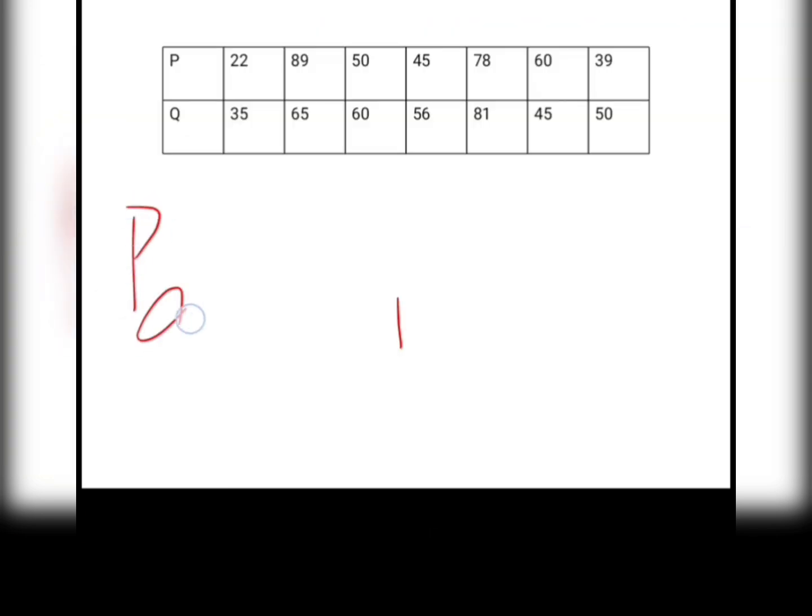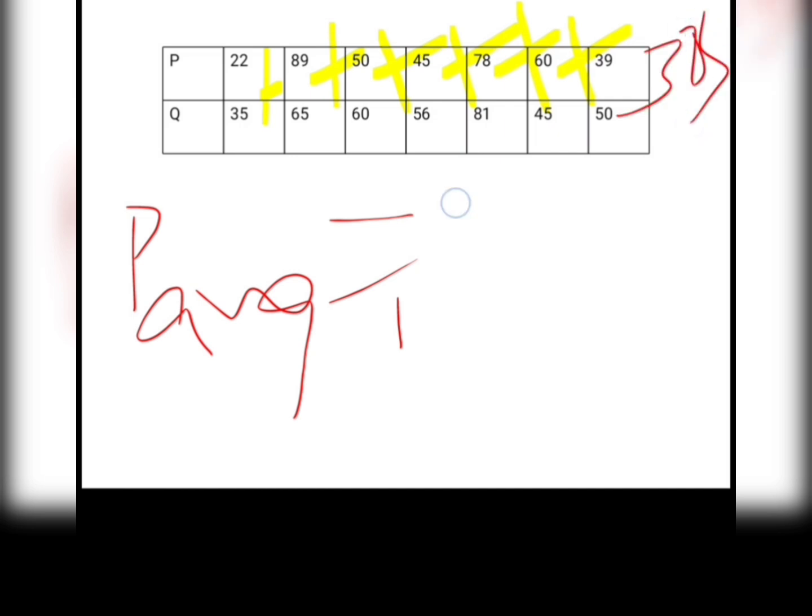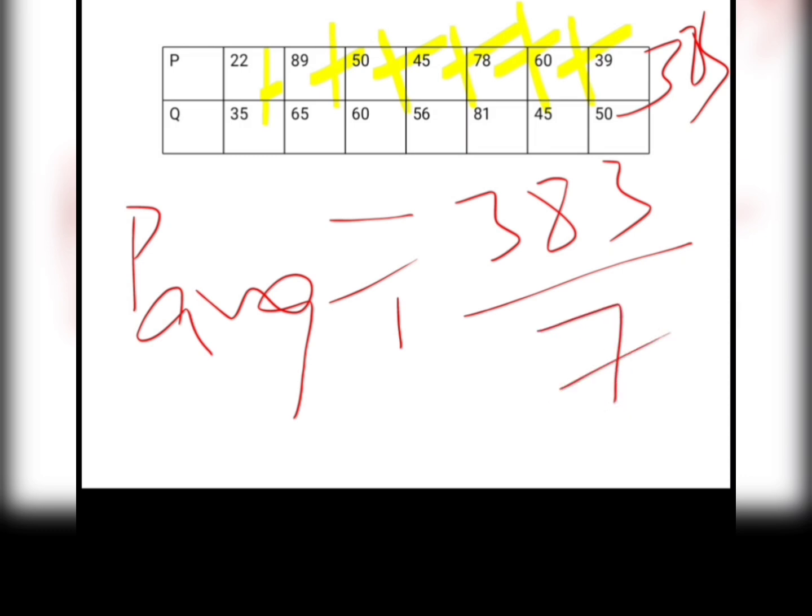To find the average score of P, you have to add 22 plus 89 plus 50 plus 45 plus 78 plus 60 plus 39, which gives you 383. When you divide by the number of scores, how many scores are there? 7.